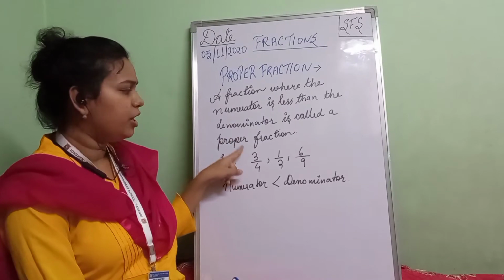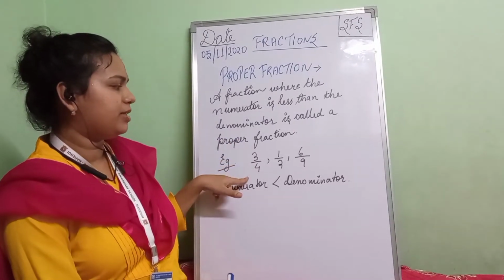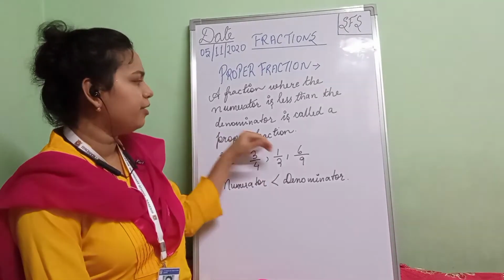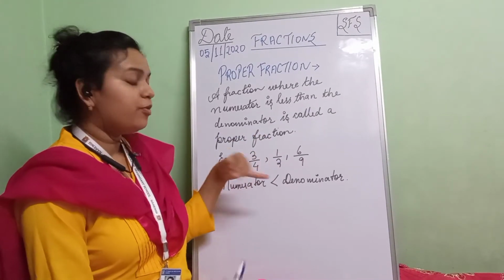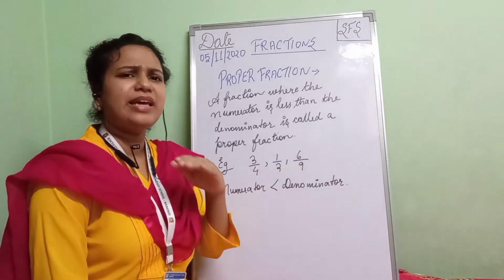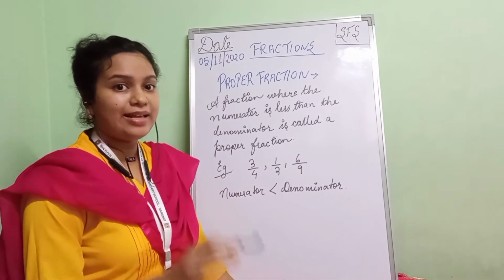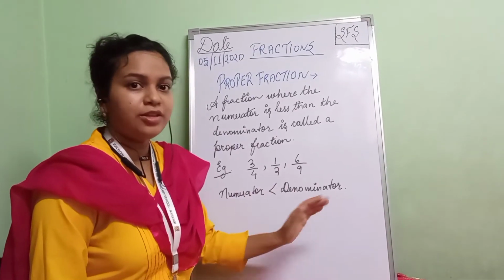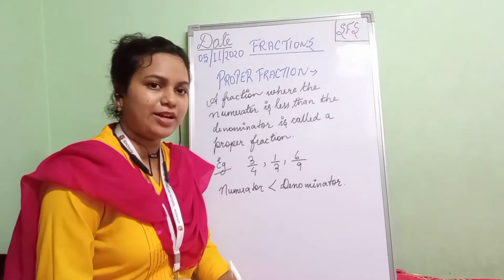The numerator is less than the denominator, and when fractions are written like that, it is called proper fractions. You can take any example you want, as long as the numerator is less than the denominator, the fraction is called a proper fraction.